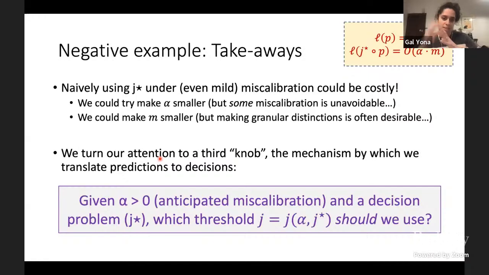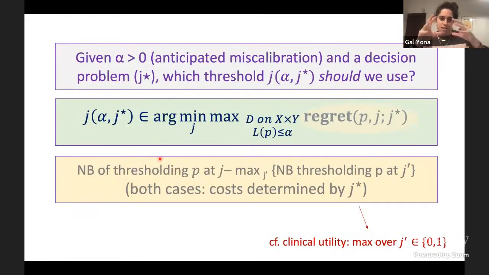Our proposal, about which you can say good things, though there are also natural extensions or other routes you could take, is to use what we call this regret minimizing threshold. For every threshold, I'm defining a cost function, which is the maximal regret. I'll say what regret is in a second.